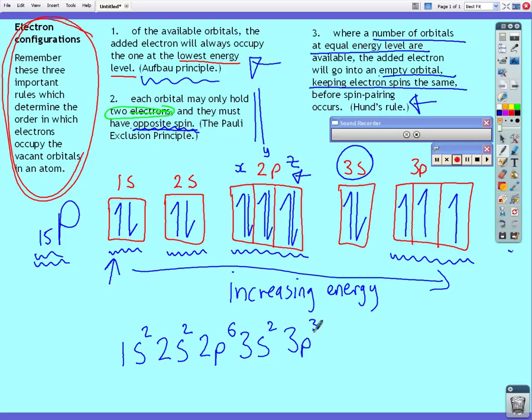Some might even show more detail by writing 1s2, 2s2, 2p6, 3s2, and then 3px1, 3py1 and 3pz1. Voila.